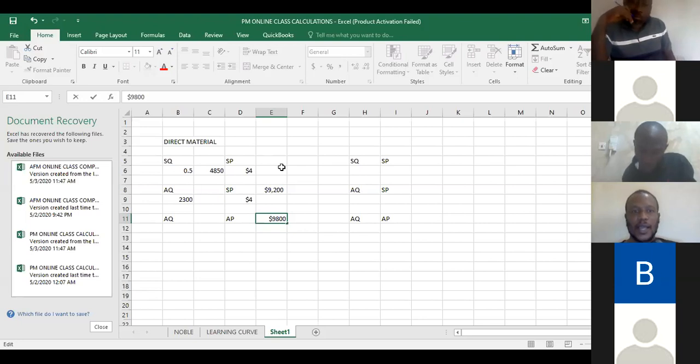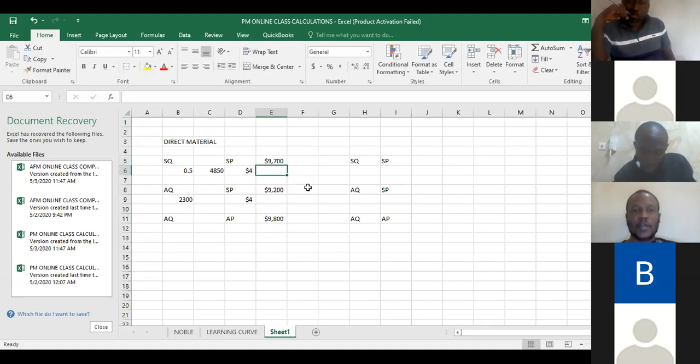So it's equal to the standard quantity multiplied by actual production multiplied by my standard price. So that gives me my figure, and I have my figures to calculate my variance.